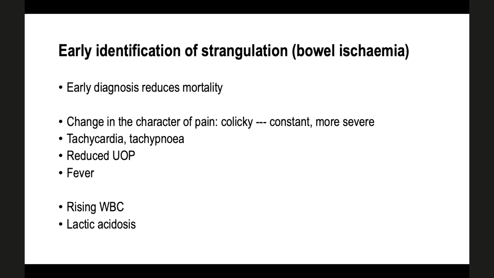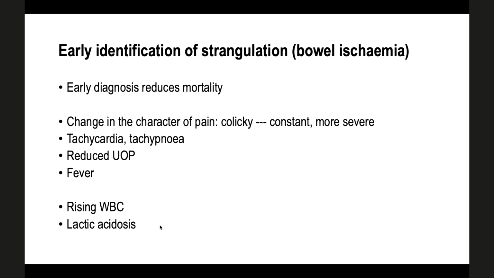So there may be a change in the character of pain. The patient becomes more tachycardic, more breathless, tachypneic, despite adequate fluid resuscitation. Their urine output starts dropping. They start getting a bit of low grade fever, the temperature starts going up. And if you do their white cell counts, it might start rising, the C-reactive protein may rise.